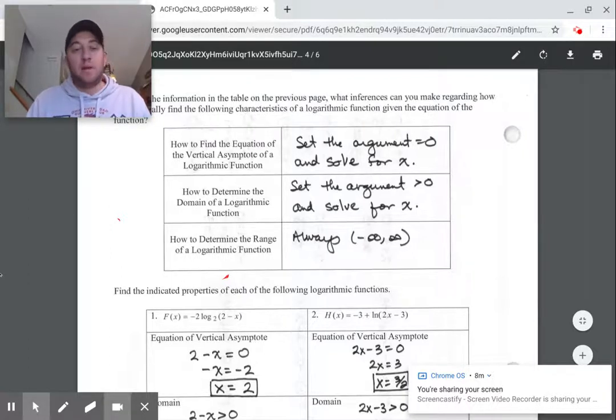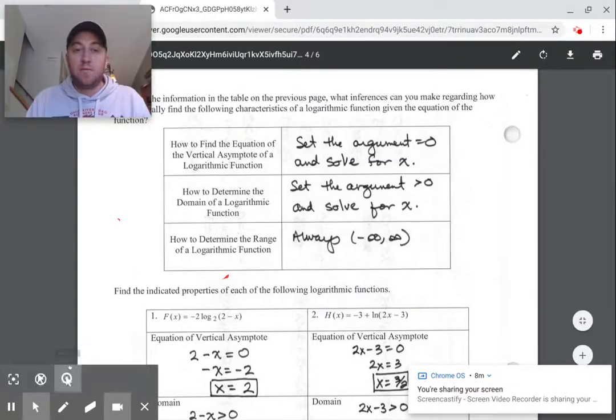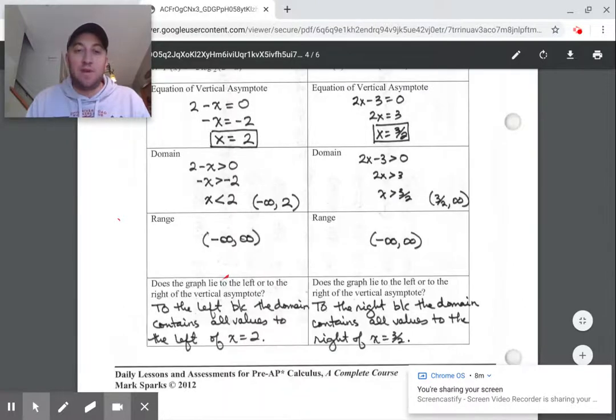It just depends: is your function going to be to the right or to the left of your vertical asymptote? To determine that, you set the argument greater than 0 and then solve for x. And that's going to tell you your domain. So then at that point, you know it's to the right or to the left. The range is the same thing as the domain of the exponential expression. So the range is always going to be negative infinity to positive infinity no matter what.